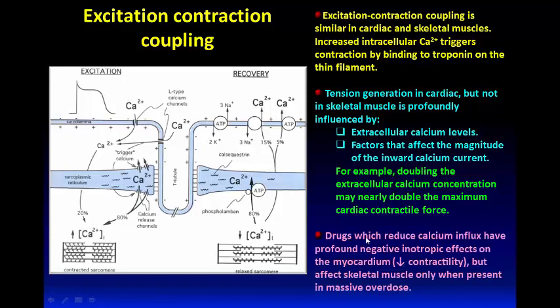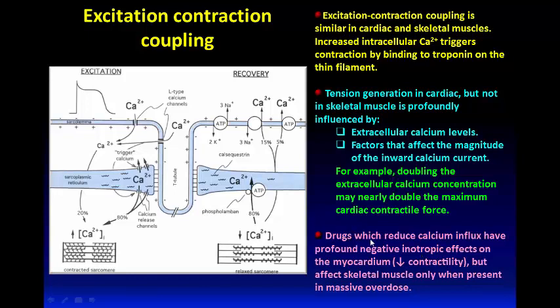Thus, drugs which reduce the influx of calcium through the voltage-gated L-type calcium channels have profound negative inotropic effects on the myocardium. They decrease myocardial contractility. Inotropic effects are the effects on contractility, and we will describe the meaning of inotropic effects in the subsequent slides.